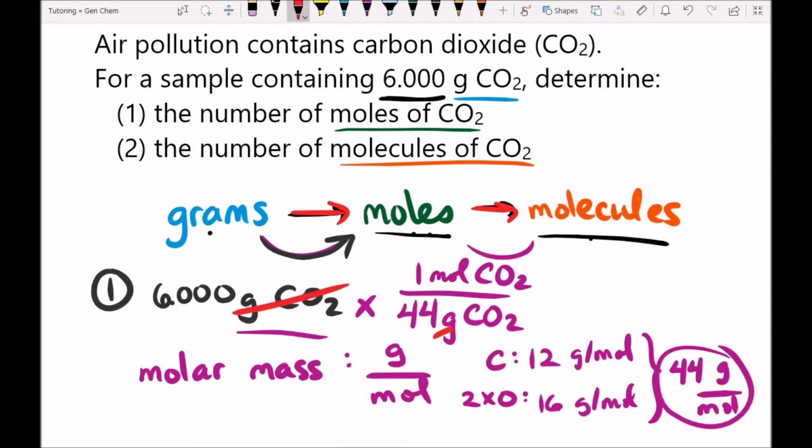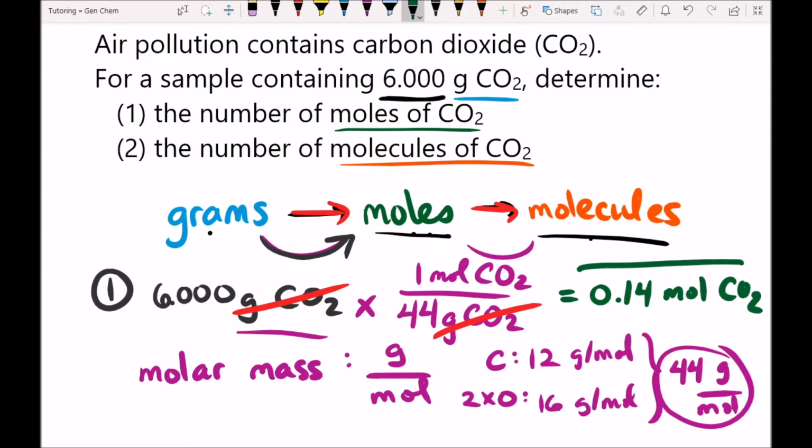That cancels out grams CO2, and we get 6 divided by 44, which is 0.14 moles of CO2. So now we figured out the number of moles of CO2 in a sample measured in grams. So now we want to go from moles to molecules.